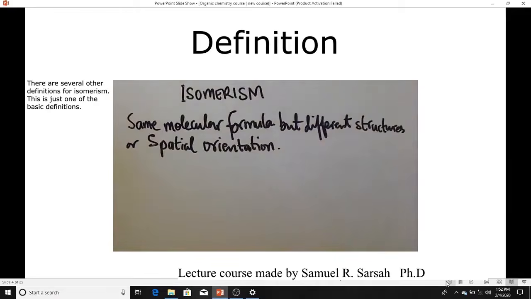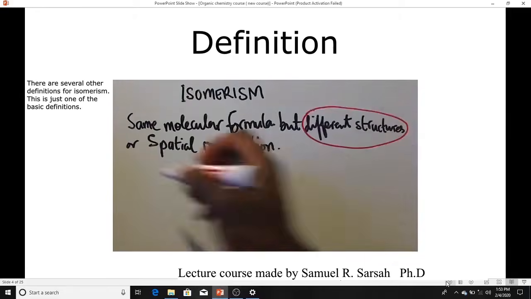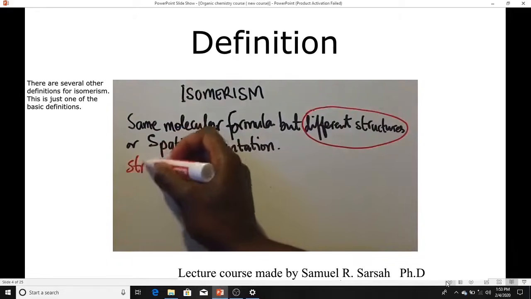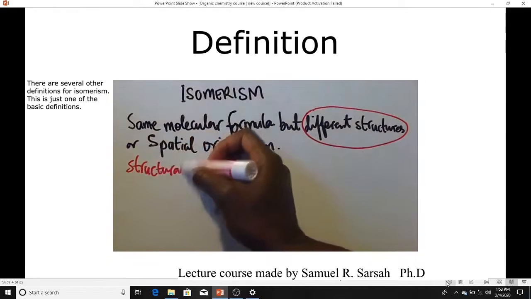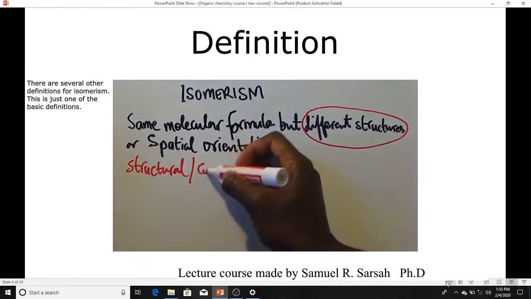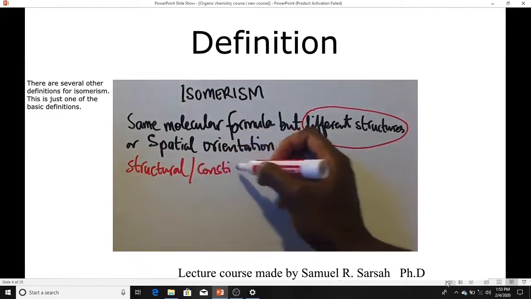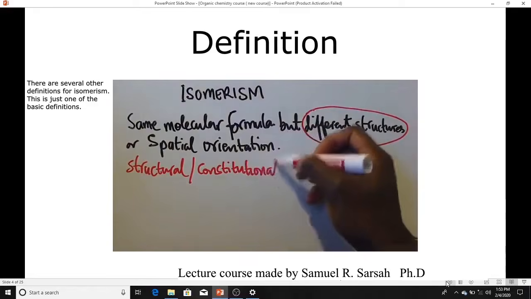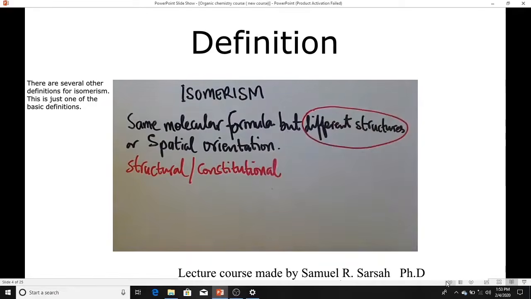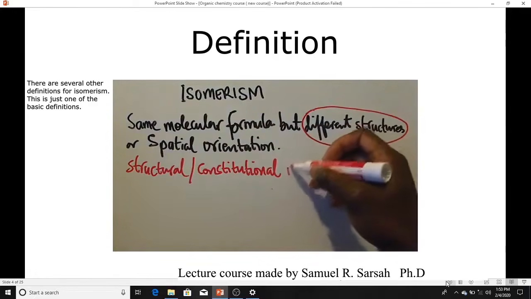Different structures means that the bonds are connected differently, and those give rise to structural isomers, and structural isomers are sometimes called constitutional isomers. They have the same formula, the same molecular formula, but bonds are connected differently.